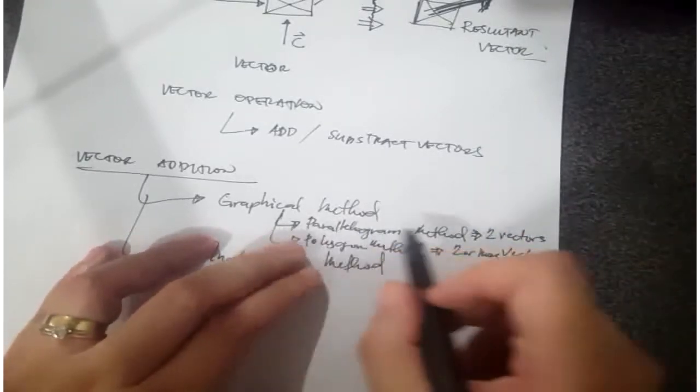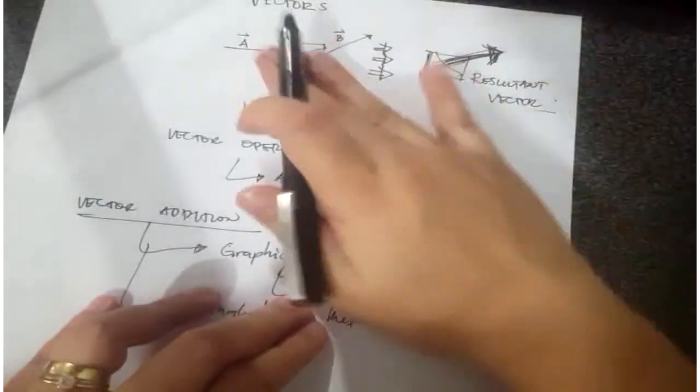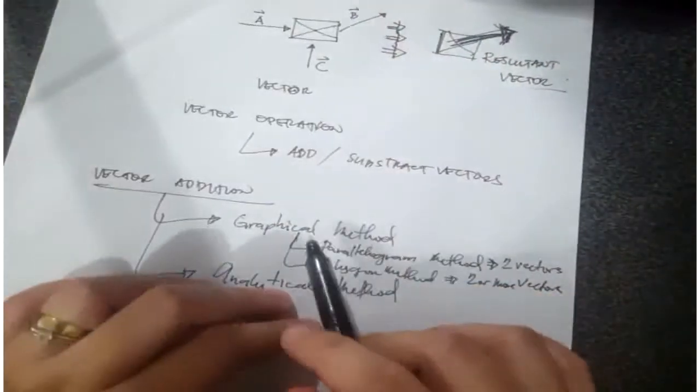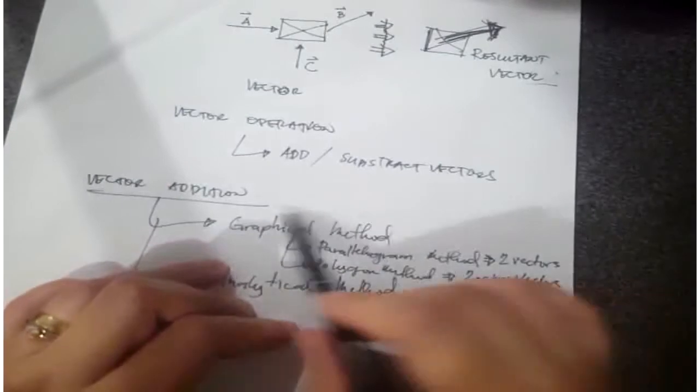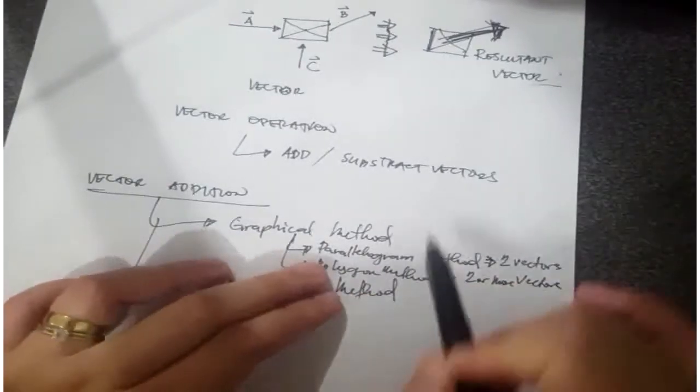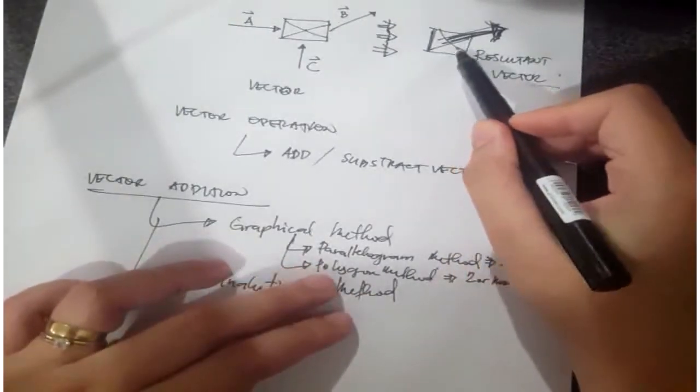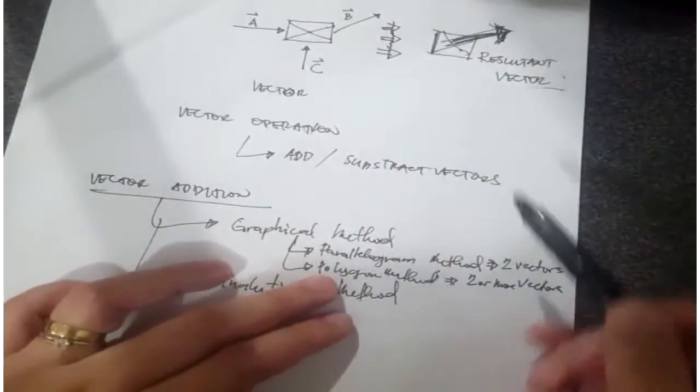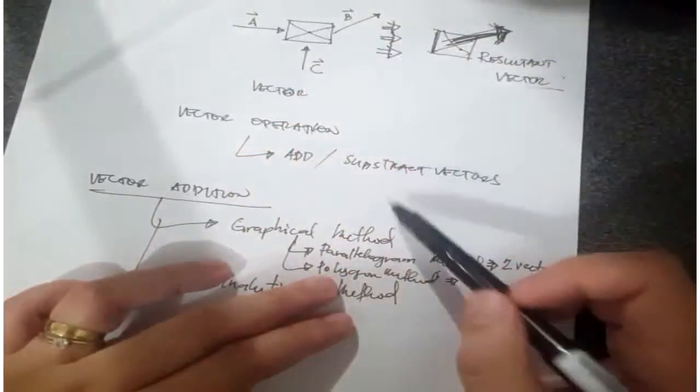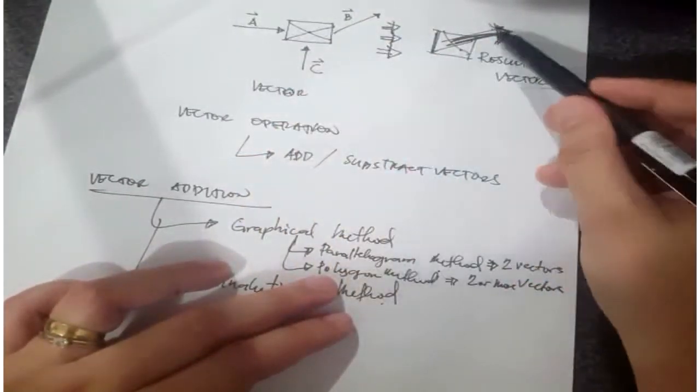So if you have two vectors, let's say vectors A and B, we can use the graphical method under the parallelogram to determine the resultant vector. But we can also use the polygon method to add the vectors to come up with the resultant vector.